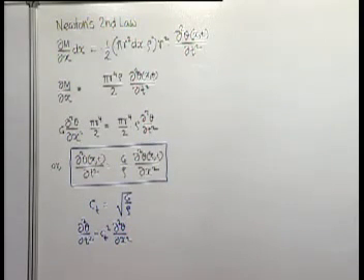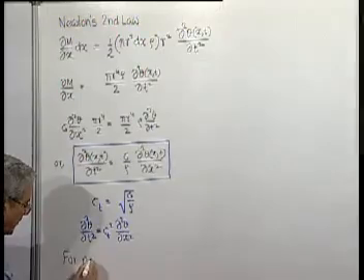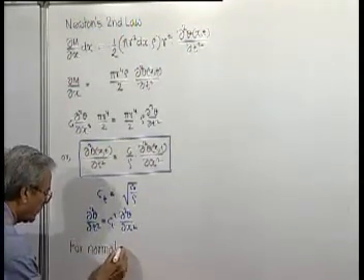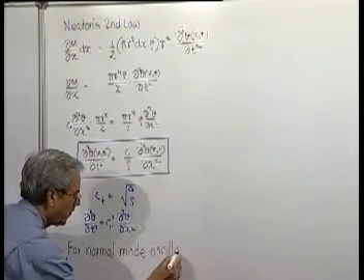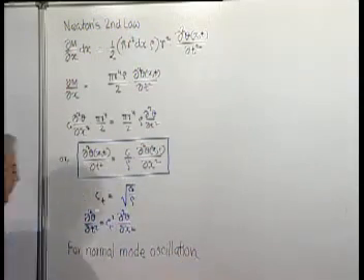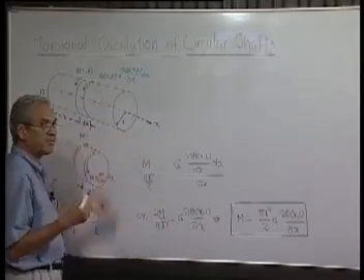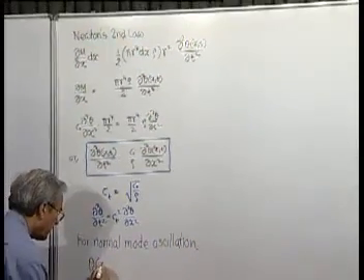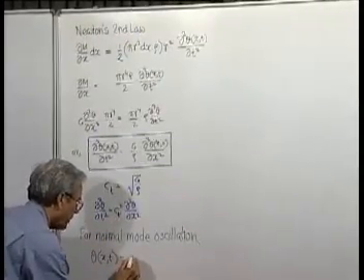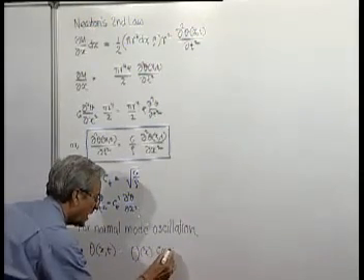Now since the form of the equation is exactly the same as the previous one, for normal mode oscillation let us consider: for normal mode oscillation, all the elements will execute harmonic oscillation of the same frequency, and therefore theta x t can be written as a product, a function of x only into a harmonic function of time.